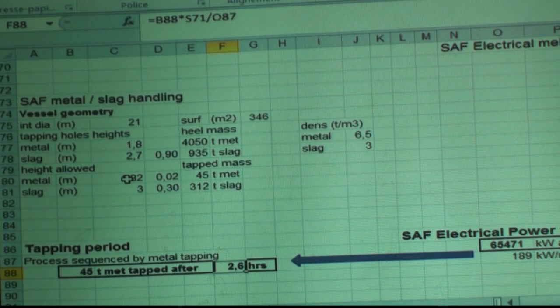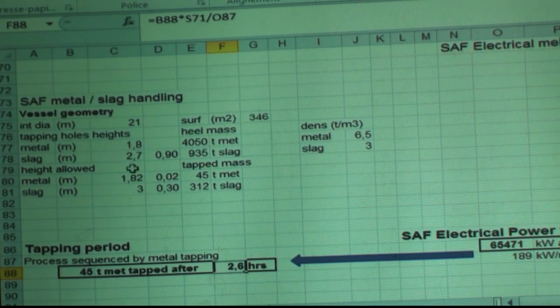You open the hole and you check if you have a ladle of 45 ton, and when it's full, you stop and finish. And slag maybe the same.